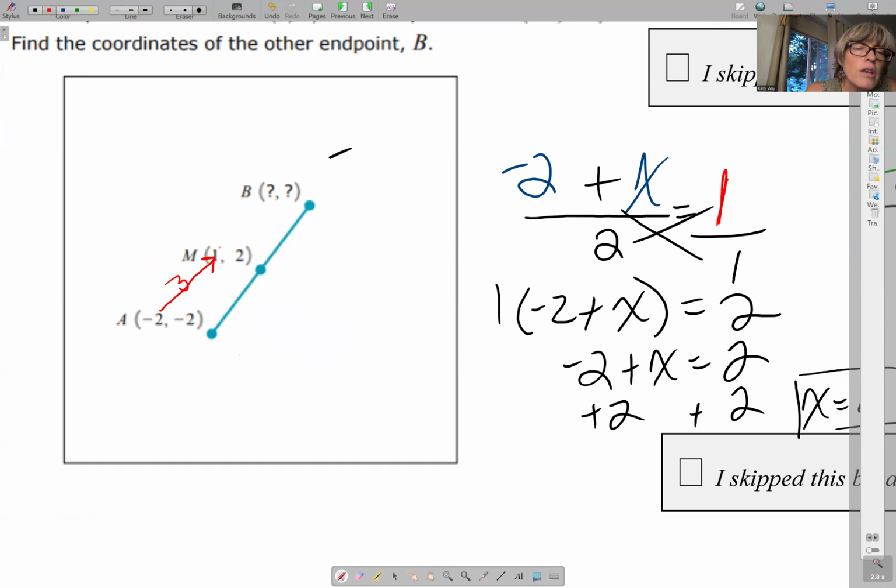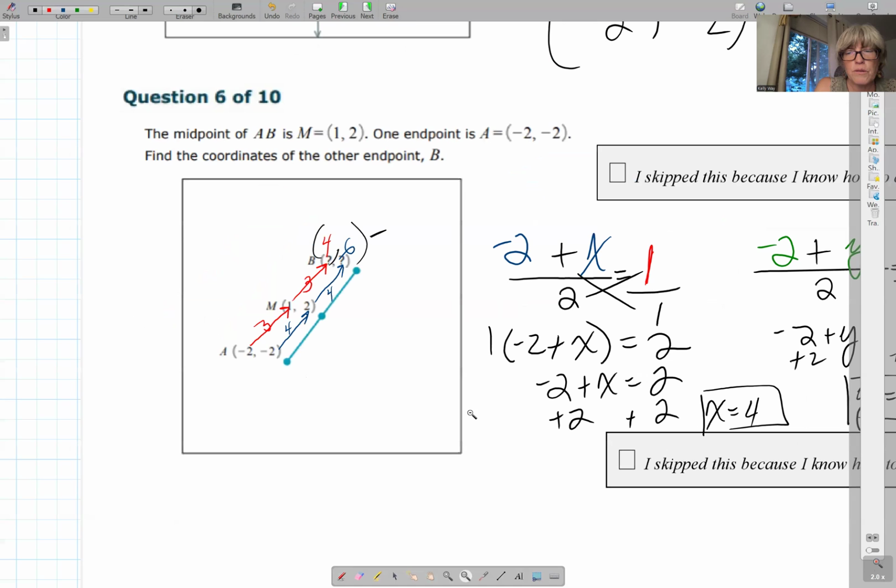So from 1 to this x must also be 3 units. So 1 plus 3 is 4. From negative 2 to positive 2 is 4 units. From 2 to unknown number must also be 4 units. 2 plus 4 is 6. Therefore, it is 4, 6.